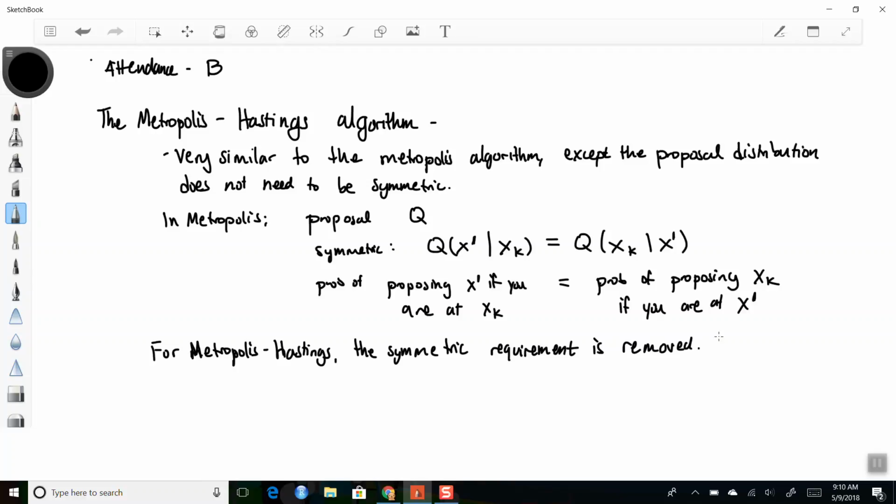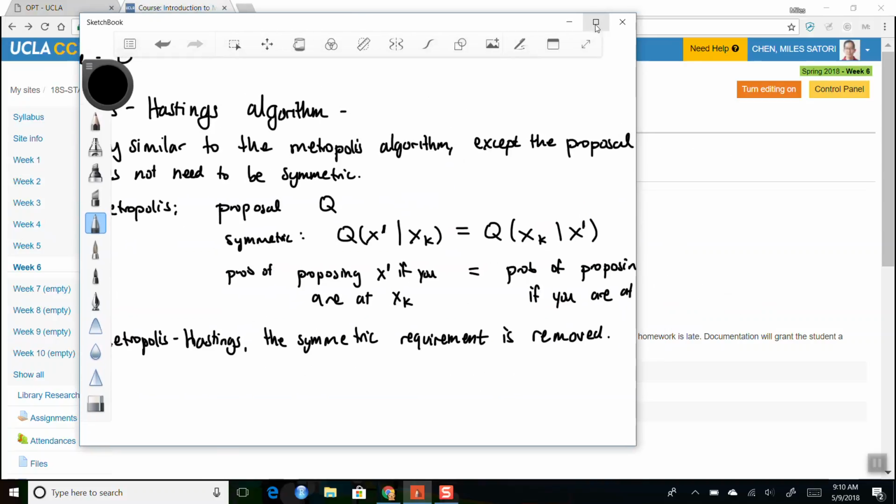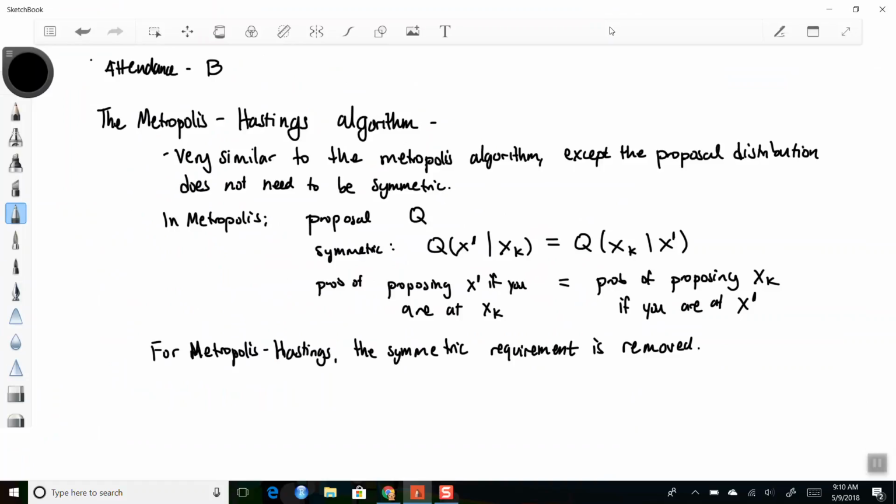Generally textbooks will often talk about the Metropolis-Hastings algorithm right away, and then they'll throw in a footnote that says, oh, but if it's symmetric, it becomes the Metropolis algorithm.